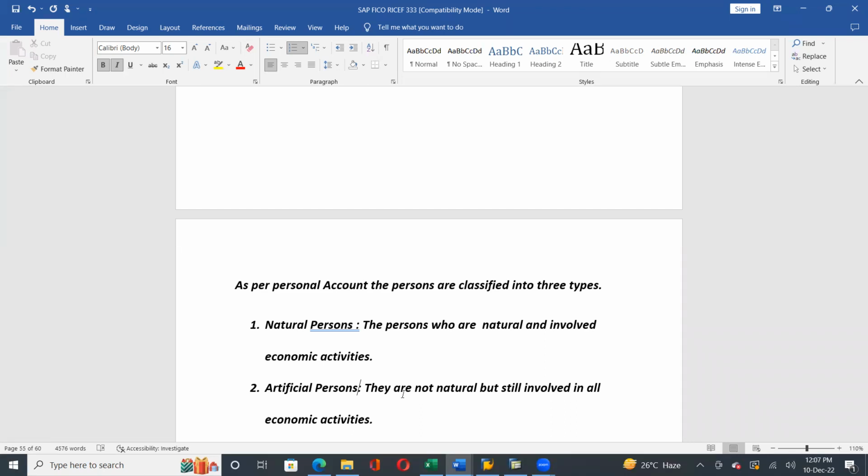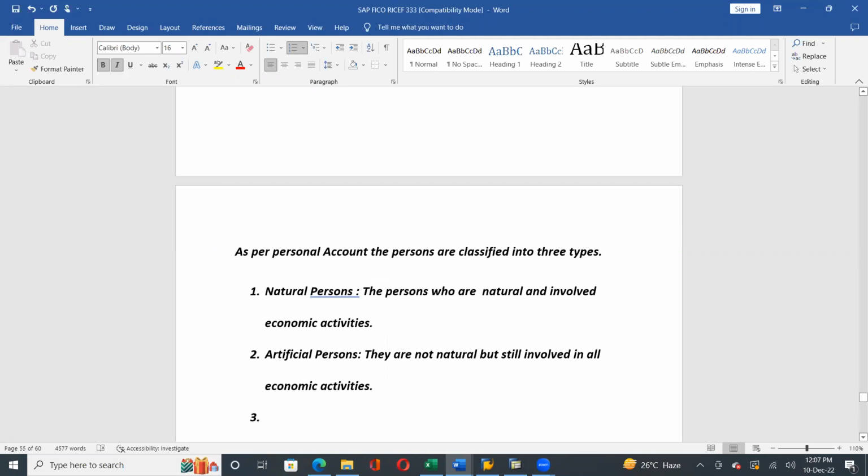We are not paying directly to the person. So you are considering the bank as a person. By law they are considered a person, an entity. That is the reason we call it the entity concept.